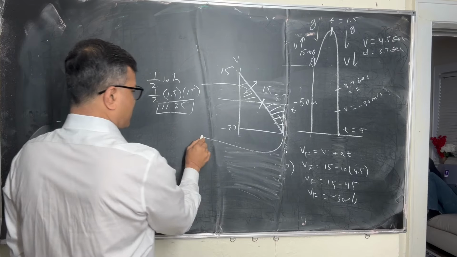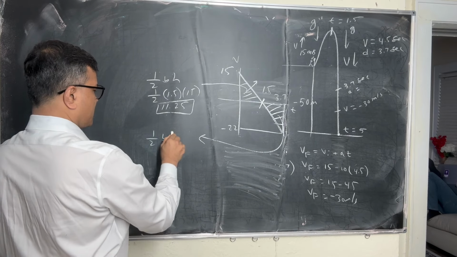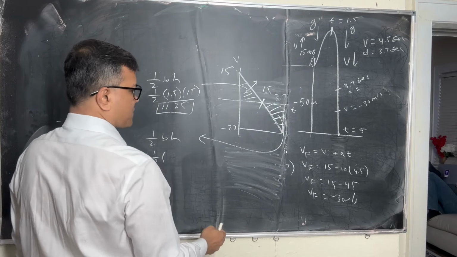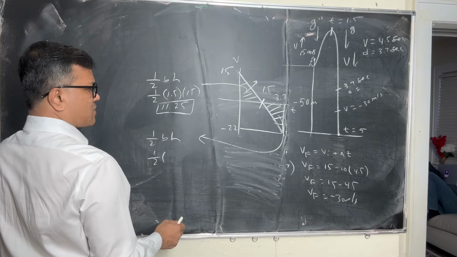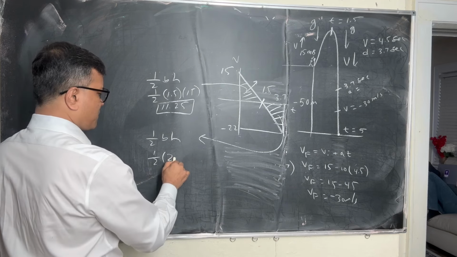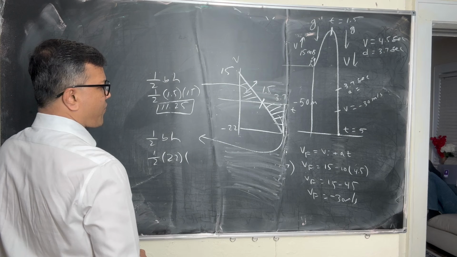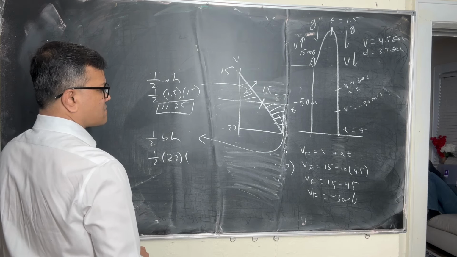So now we're going to find this area, half bh. Half b is 3.7 minus 1.5, which is 2.2. h is negative 22.